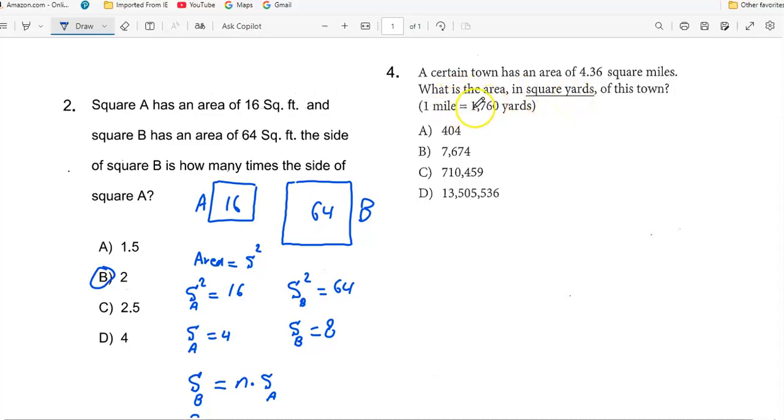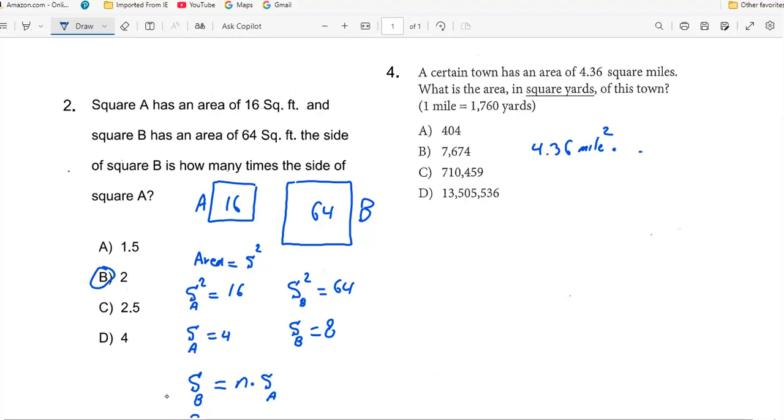We already give you that 1 mile equals 1,760 yards. So here we can do unit analysis. So our town is 4.36, but this is in what? Square miles. Mile squared. I'd like my answer to be in square yards. So let's convert that to square yards.